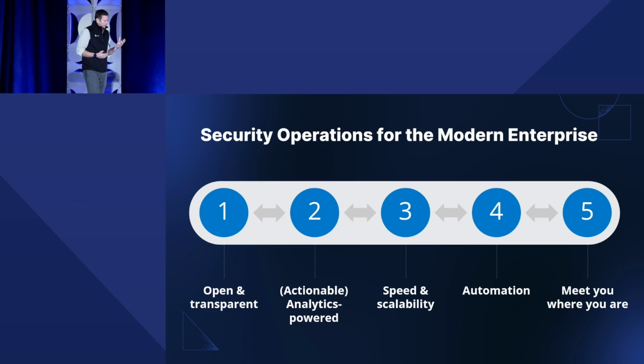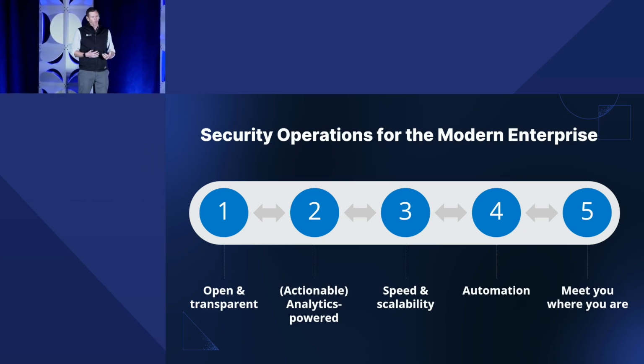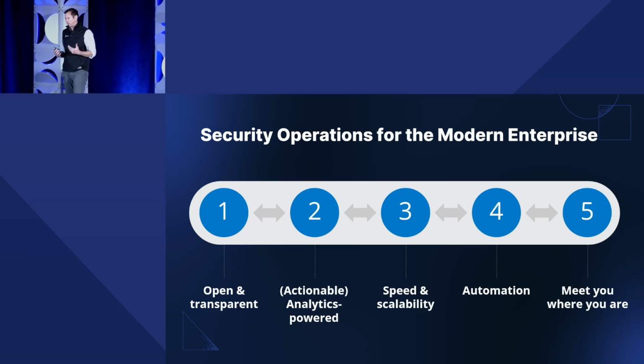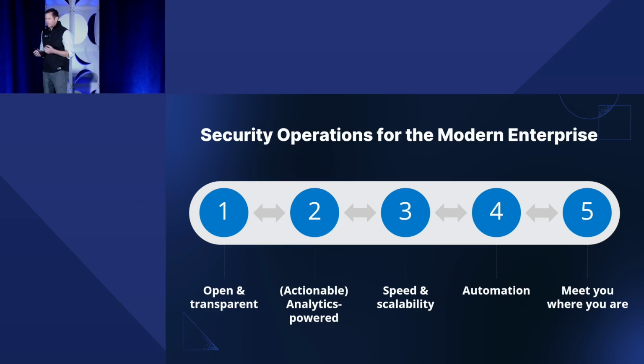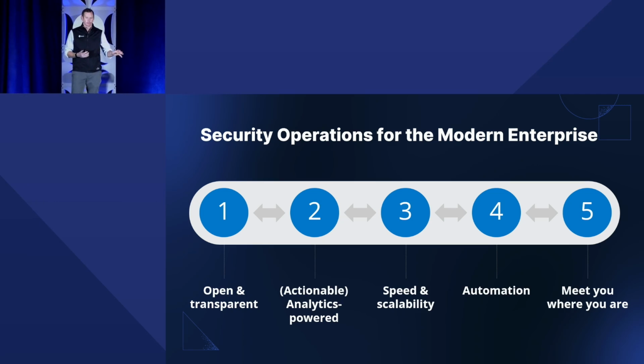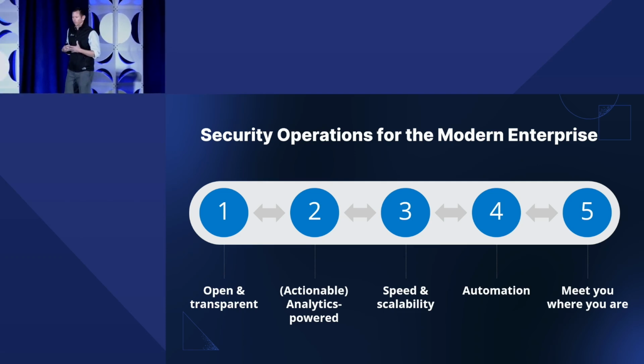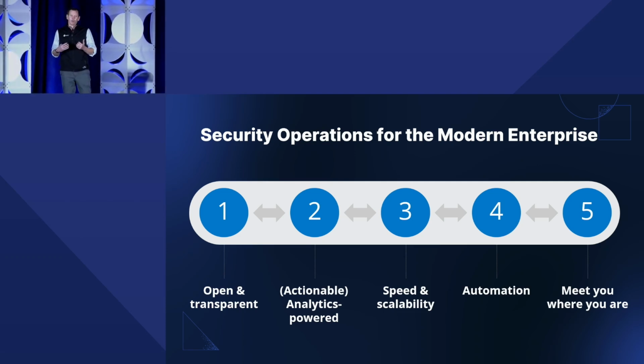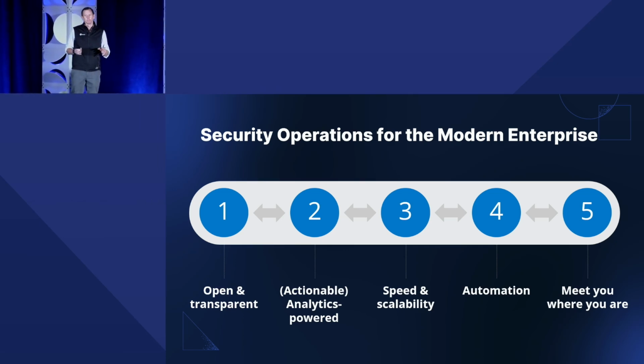We firmly believe that a modern security operations program, a modern security operations platform, a security solution needs to be open and transparent. Long gone are the days where we can hide behind this veil of security by obscurity, where if nobody knows what we're doing, nobody knows what our magical machine learning models are doing, nobody knows what rules are running, we're going to inherently be more secure.